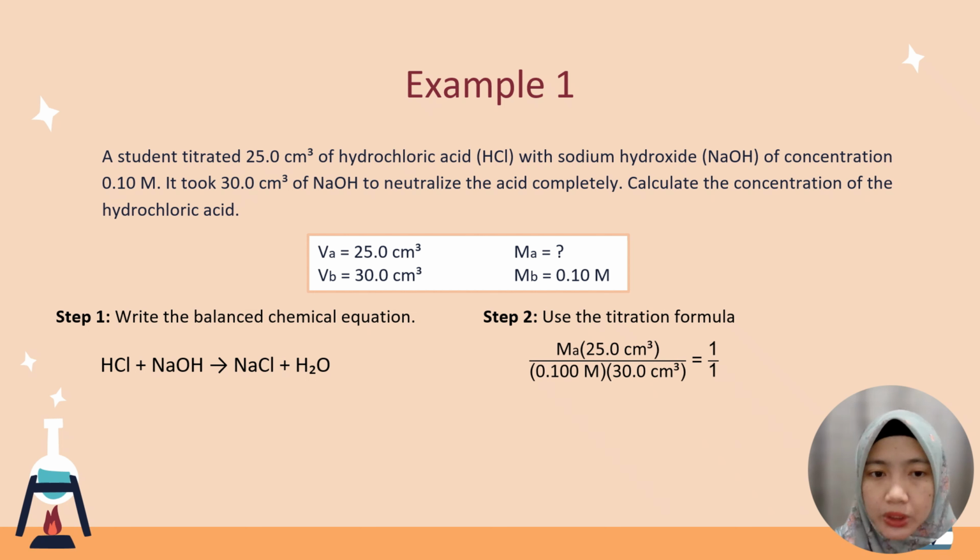You substitute the given information. And for the coefficients, since we have 1 over 1, it is 1 over 1. And then you use your calculator, and you will get the molarity of acid as 0.12 molar. So that's how you use the titration formula.